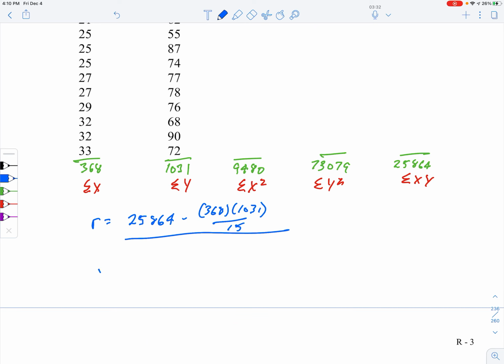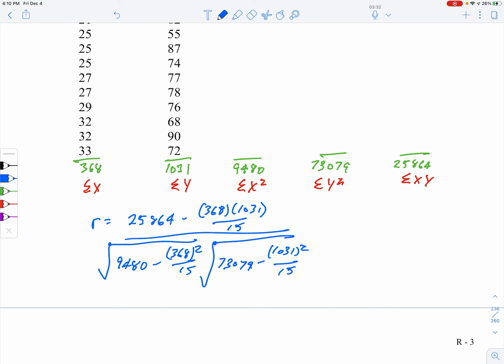So what we have here then is the square root of the sum of the squared x's, so 9480 minus 368 squared over 15, and then the square root of the y squares, so 73,079 minus 1,031 squared, again over 15.